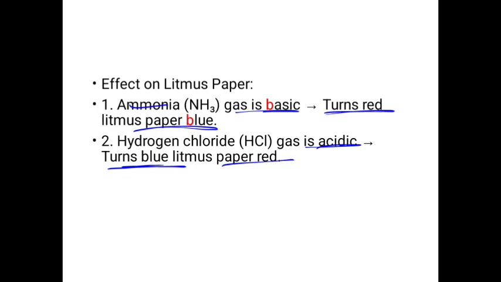From the slide you can see that I highlighted blue, to help you remember that a basic compound like ammonia turns red litmus paper blue, and blue is the final product of a basic compound. The question now is, which of the following will be the first to appear?